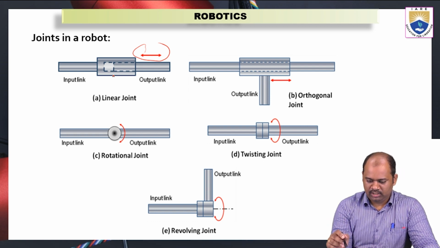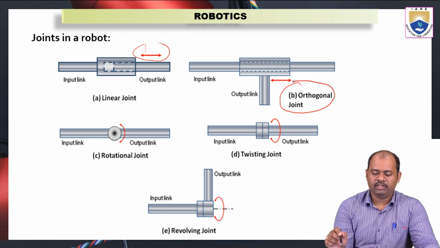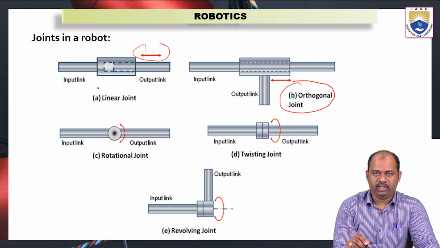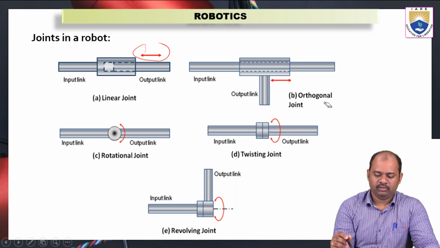Now we can see the second type, the orthogonal joint. The orthogonal joint is very similar to the linear joint, but here the axis of movement is perpendicular to the initial link.